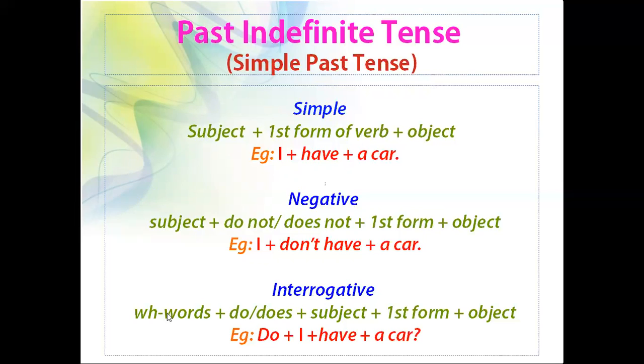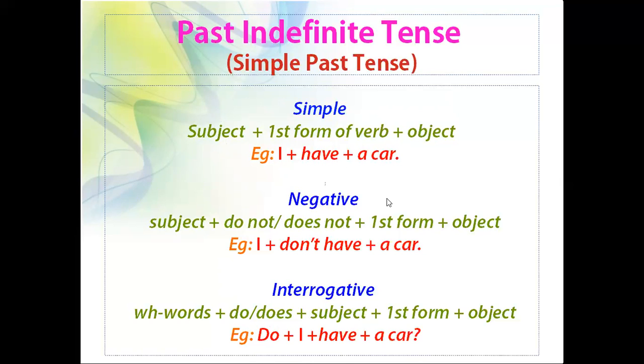So the structure is WH words plus do or does plus subject plus first form plus object. For example, do I have a car? Here do refers to a yes or no type question also.